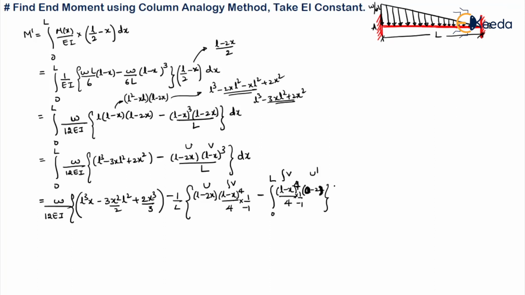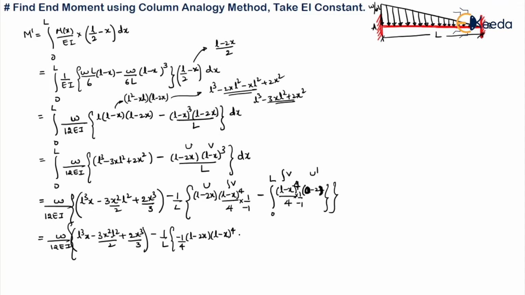This is your UV rule, what you have to apply. Once this is done, you have to do the simplification. So w by 12 EI into L cube x minus 3x square L square by 2 plus 2x cube by 3. Let us put a flower bracket here. Minus 1 by L. Here this minus 4 will be there. Minus 1 by 4 into L minus 2x into L minus x power 4.